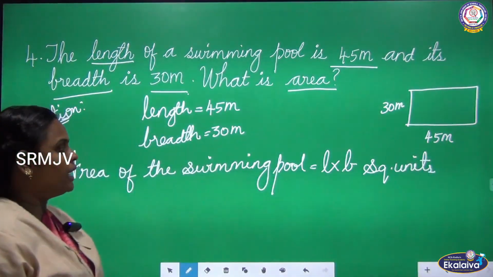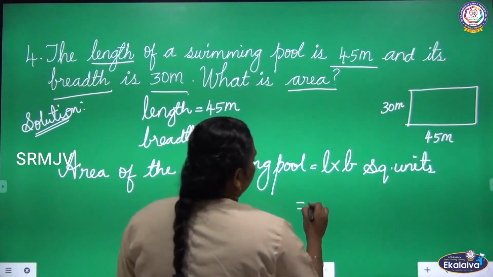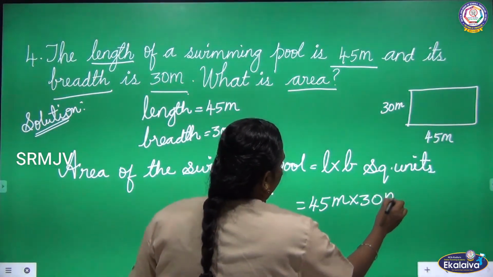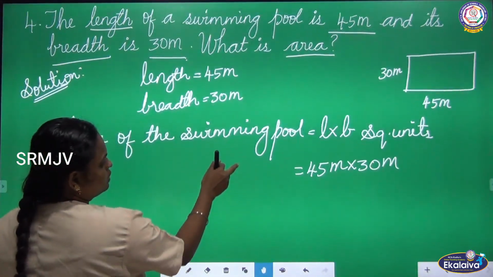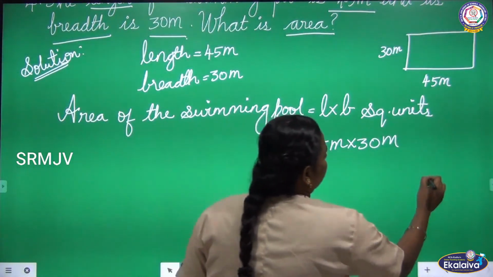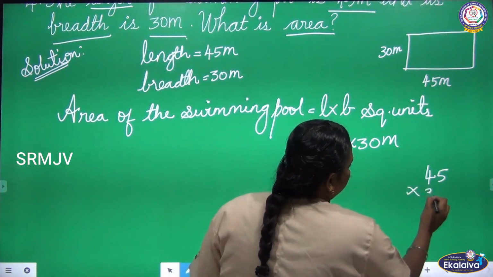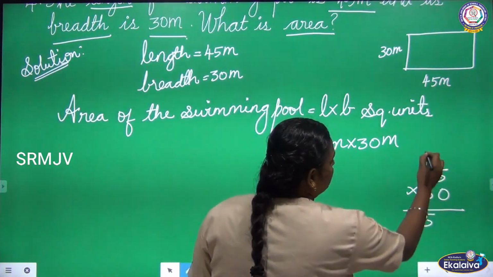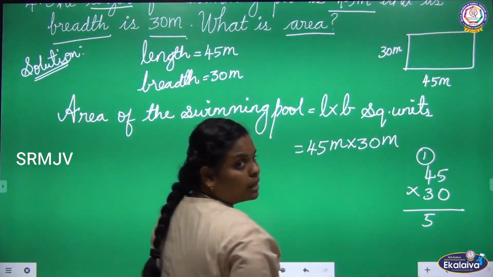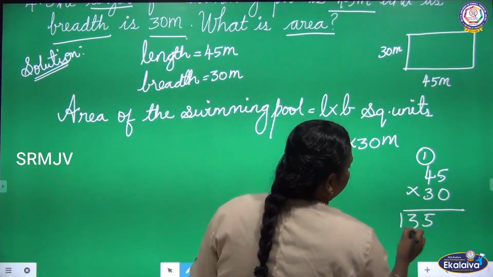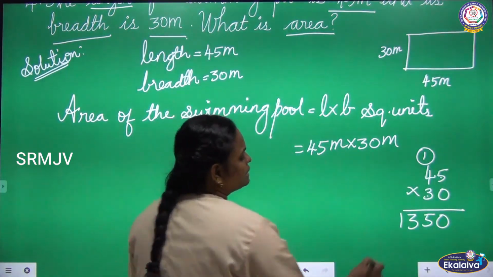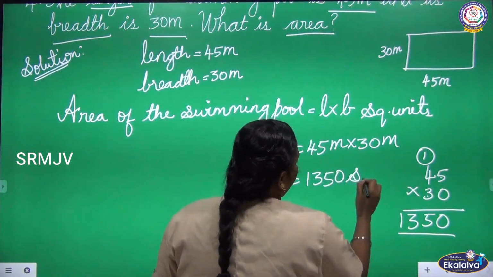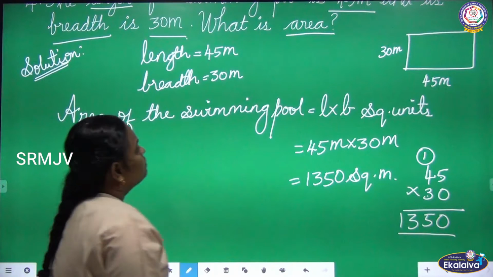L into B square units. So what is L? They have given 45 meter, breadth is 30 meter. So multiply 45 into 30. 3 5s are 15. So 5, 1 carry over, 3 4s are 12, 12 plus 1, 13. So what is the answer? 1350 square meter.